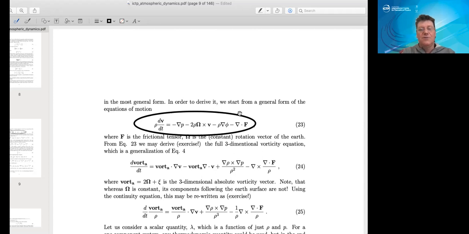Now, how to derive from this the vorticity equation? Same thing, we apply the rotation to this equation. We apply nabla times the momentum equation, and we get an equation for the vorticity, which is written down here. And this will be an exercise, of course.